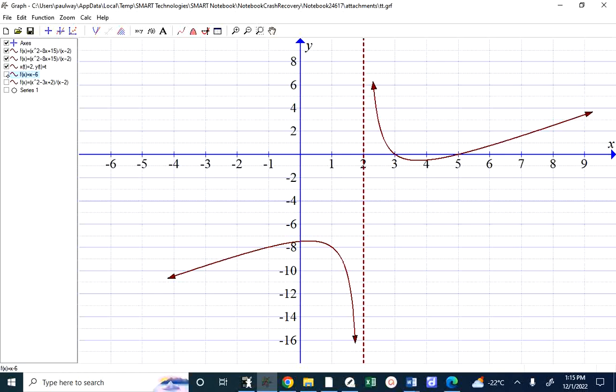There it is. So as x on this graph gets closer and closer and closer to 2 from either side, what does y get closer to? Infinity and negative. Right, plus or minus infinity. And I'm just going to write it as plus or minus infinity.